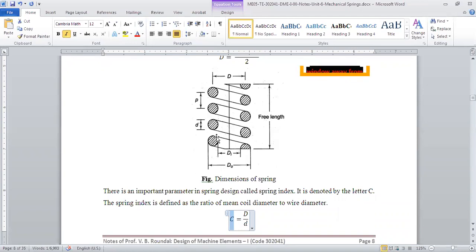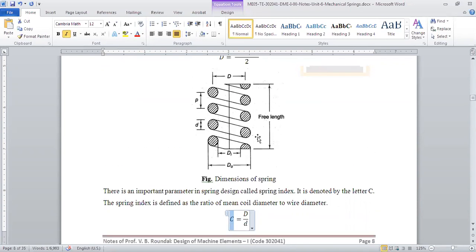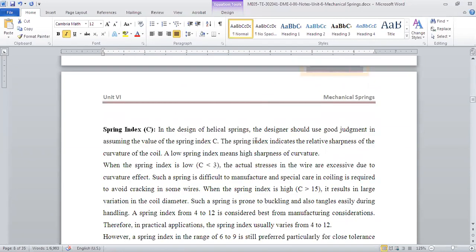If you take a ratio of these two, that is called the spring index, and it is a very important ratio in case of a spring, right? So what is spring index? Spring index C is equal to capital D upon small d, diameter of the coil upon diameter of the wire, right?